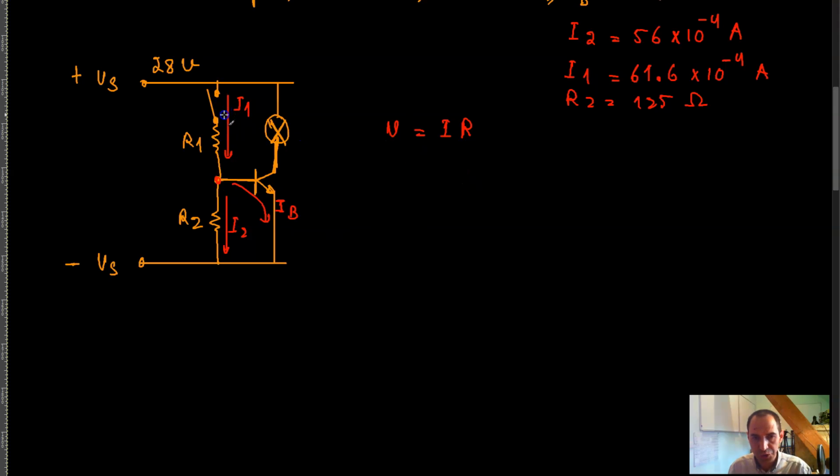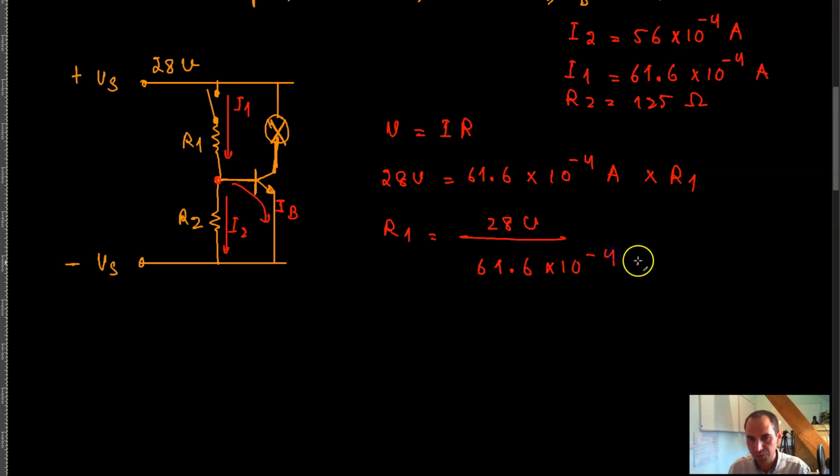The voltage across this resistor is basically 28 volts, meaning that you can ignore the voltage drop across the resistor R2, which means I can take this voltage as simply 28 volts, and the current going through this resistor I1 is 61.6 times 10 raised to the power negative 4 amp times R1, which means R1 is 28 volts divided by 61.6 times 10 raised to the power negative 4 amp.